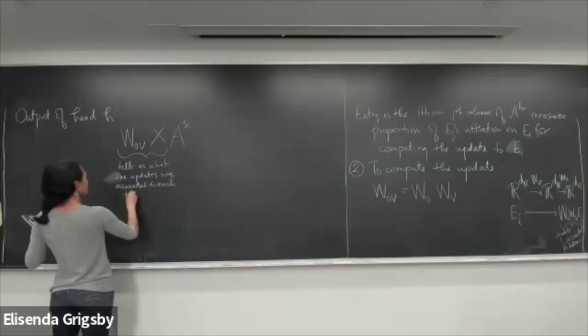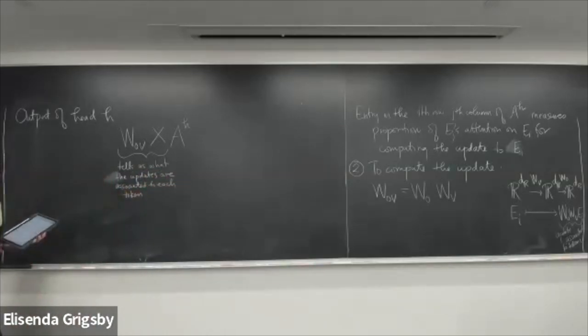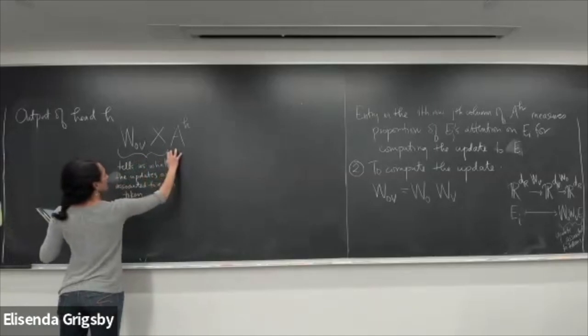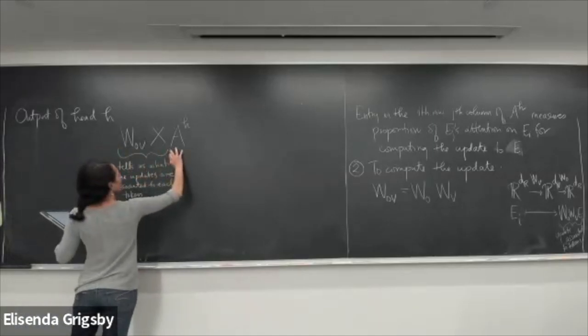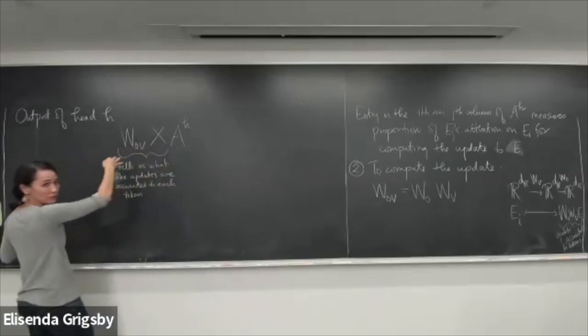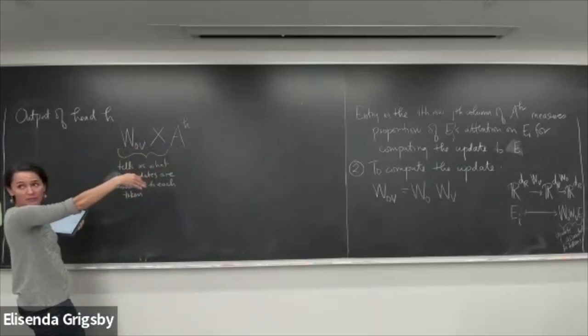So the columns of this are those updates. And then this tells us how much to use each of those updates for each of the tokens.